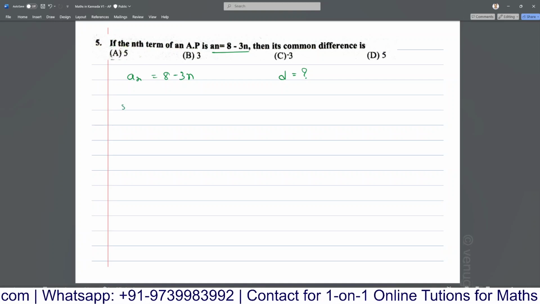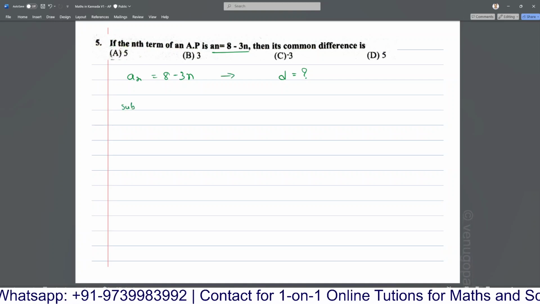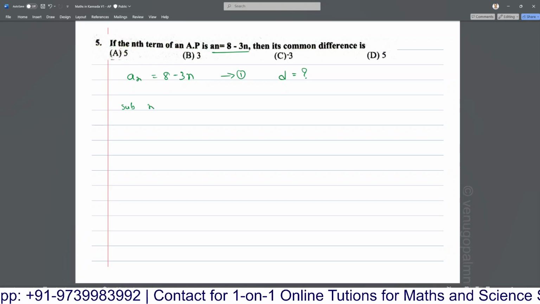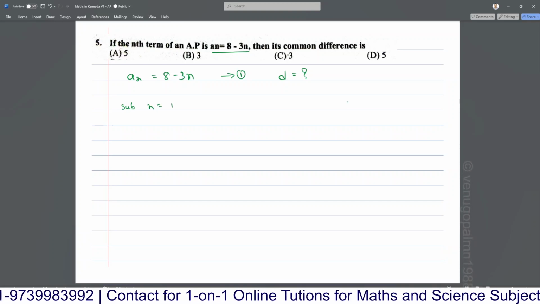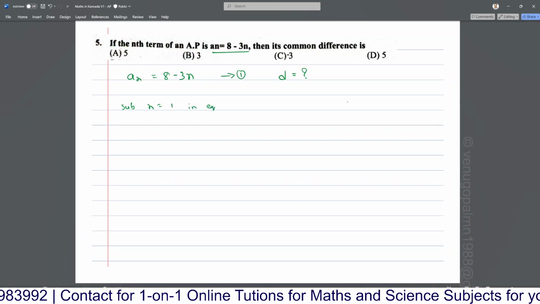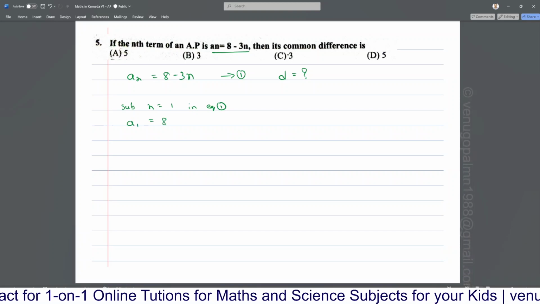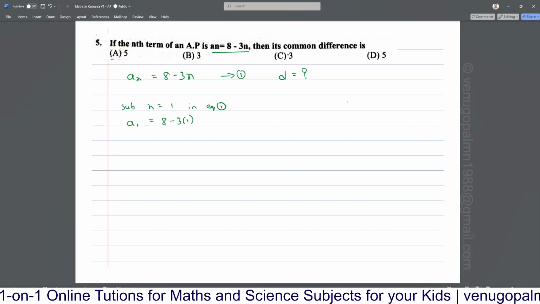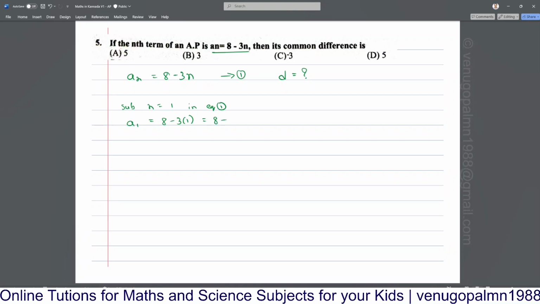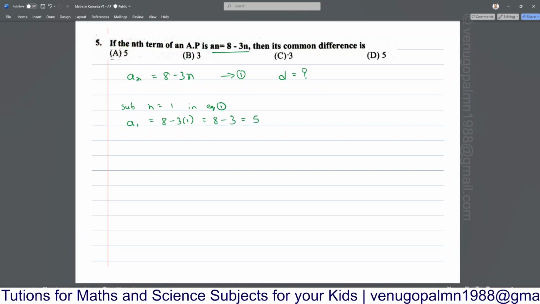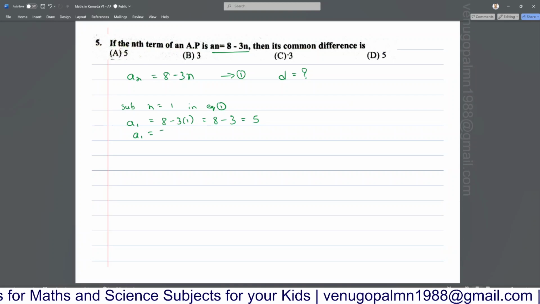We can call this equation 1. Substitute n is equal to 1 in equation 1. Then A of 1, the first term, will be equal to 8 minus 3 into 1, which is 8 minus 3, which is 5. So A of 1 is equal to 5.